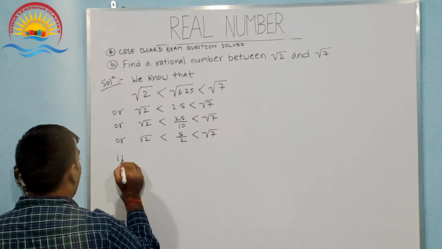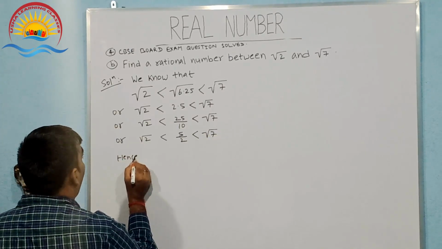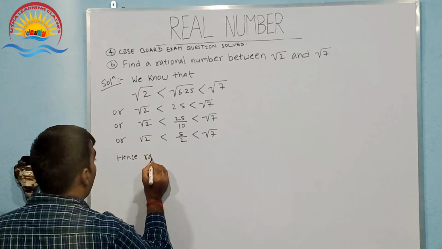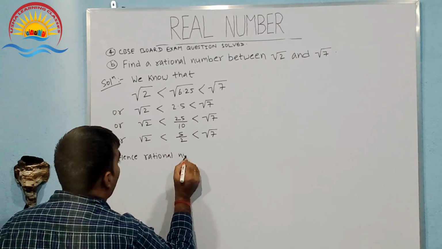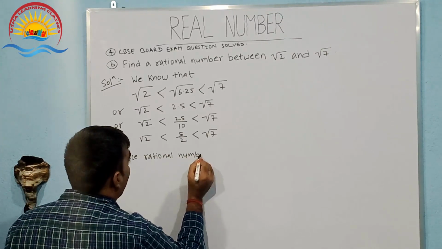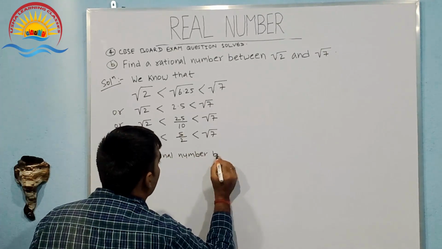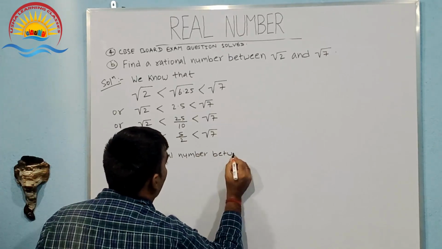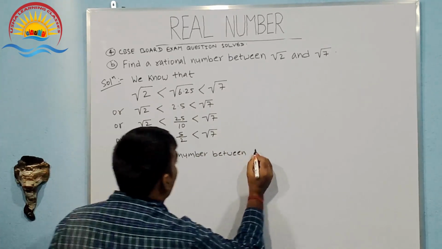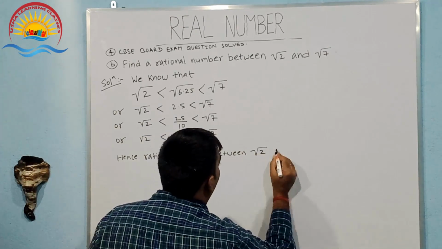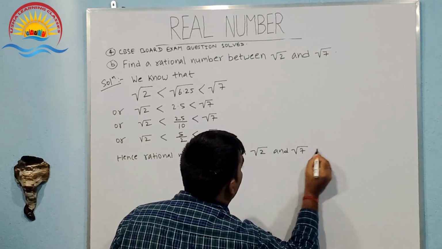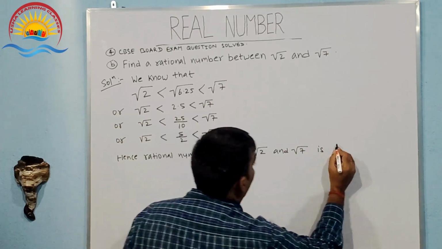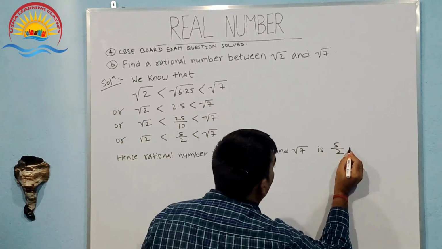Hence a rational number between root 2 and root 7 is 5 by 2.